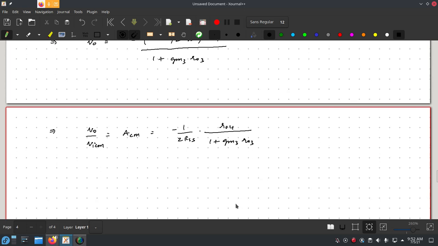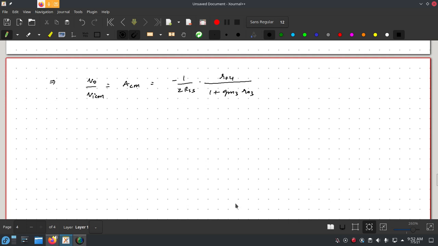From this I'll assume Gm3 R03 is much greater than 1, and R03 is equal to R04. Then in that case ACM will be minus 1 by 2 Gm3 into RSS.